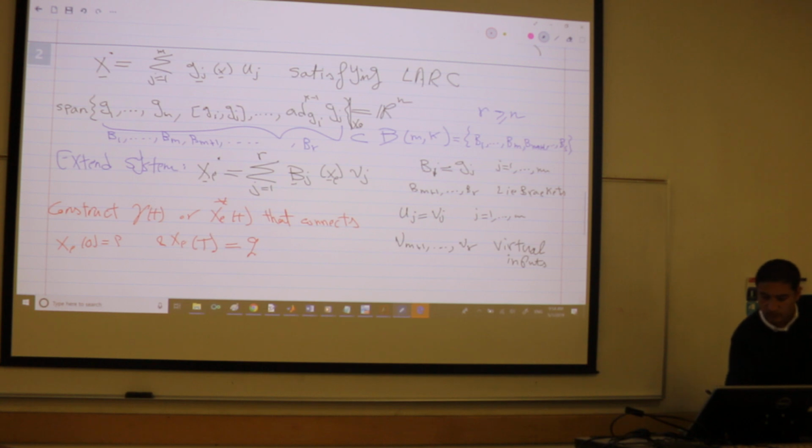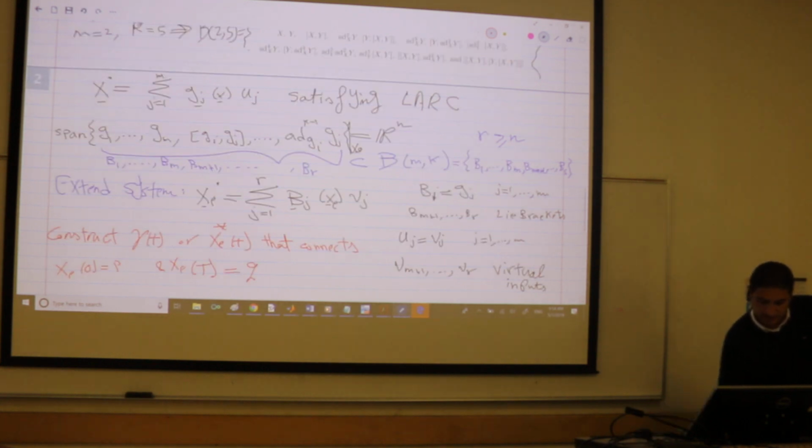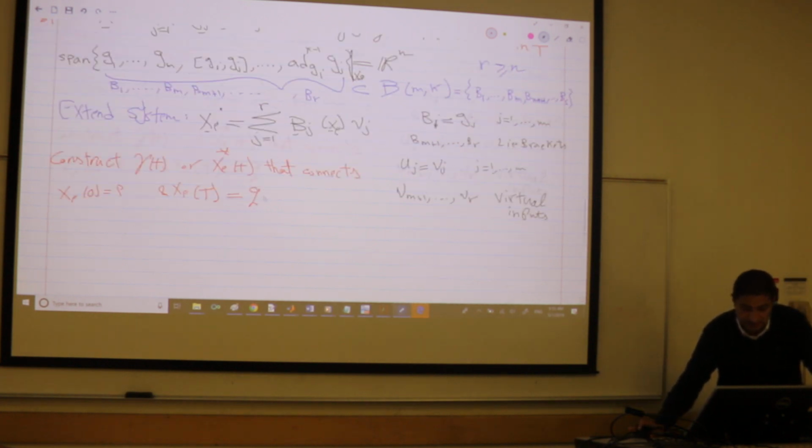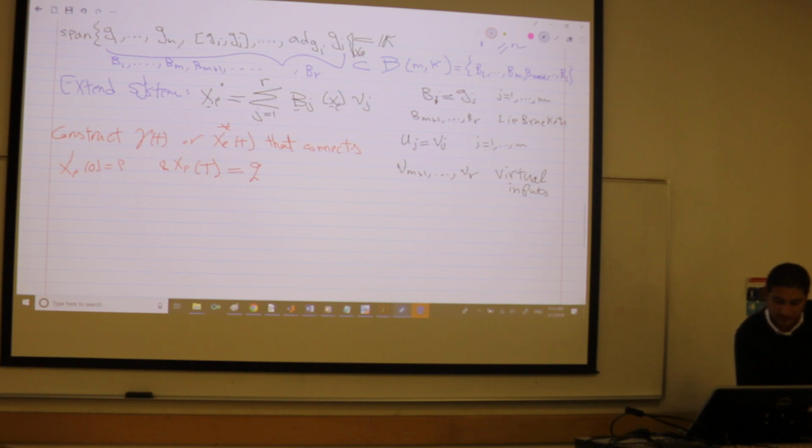So we want to steer this system. The objective is to steer this system from p to q in some time t. Okay? I can do that very easily in the extended system. I can construct any curve that connects these two points, and I can actually generate that curve because I can do the following.